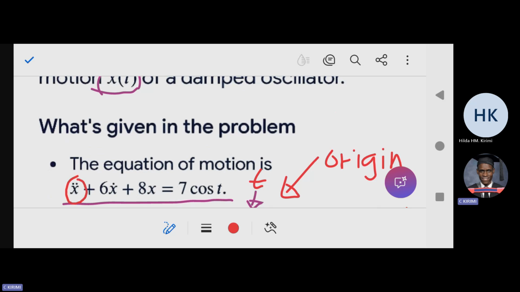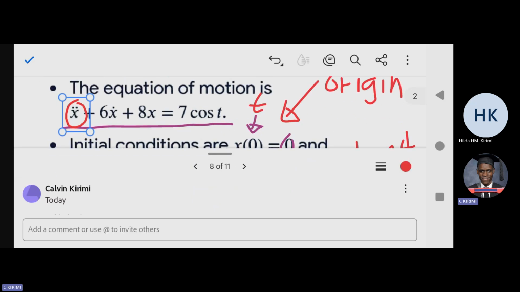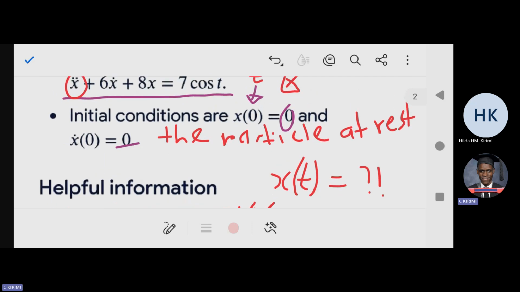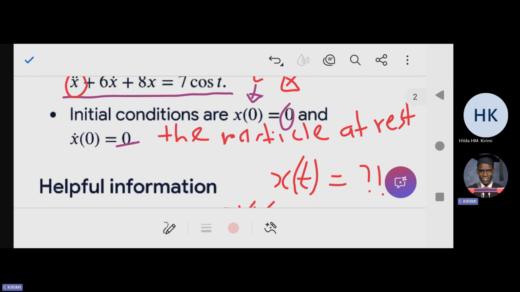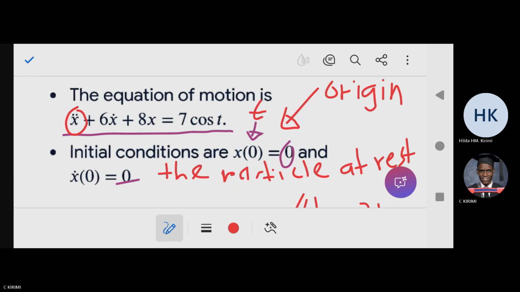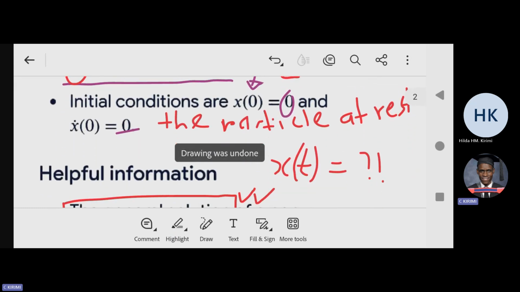If I differentiate this general solution twice, then I plug it in here, and then differentiate the general solution once and replace it where there is the x with one dot, and multiply it by 8. You get it? So that it satisfies the equation that is given there. That is what we are just trying to do. We are just trying to solve for the values that will satisfy the equation.